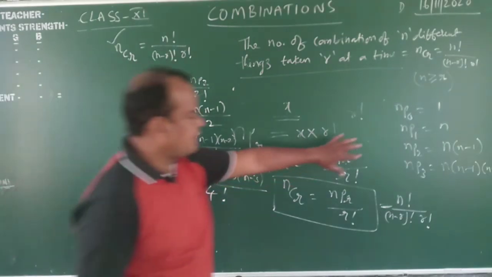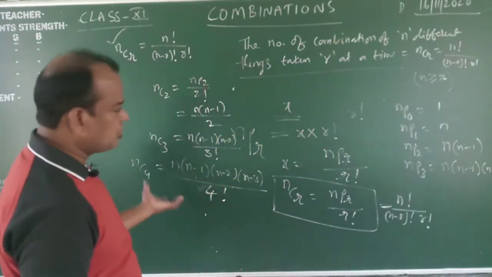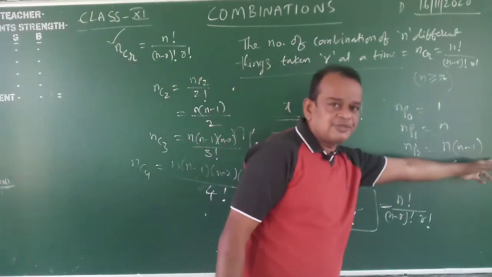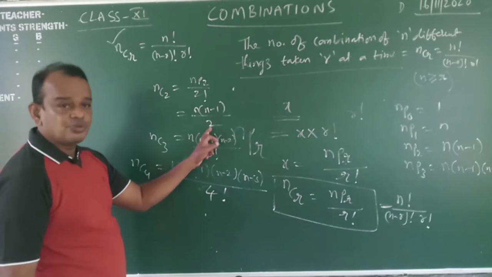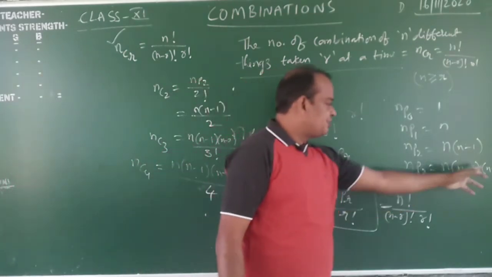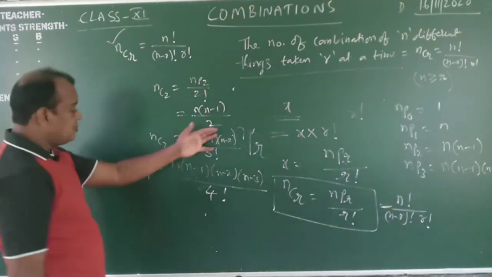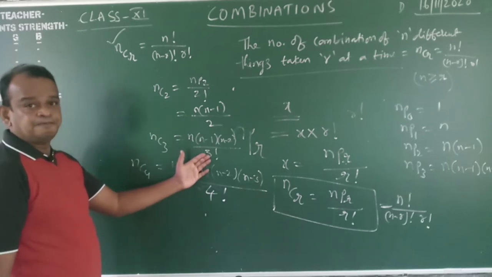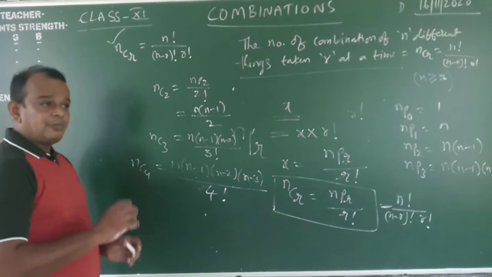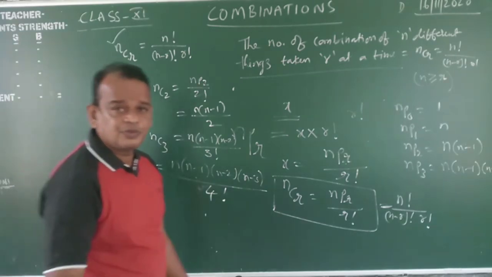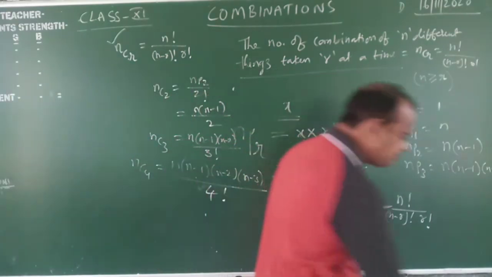What is the difference? nP1 and nC1 are both the same. nP2 means n into (n minus 1); nC2 means n into (n minus 1) by 2 factorial. nP3 means the product of 3; nC3 means the product of 3 by 3 factorial. That is the difference between nPr and nCr.